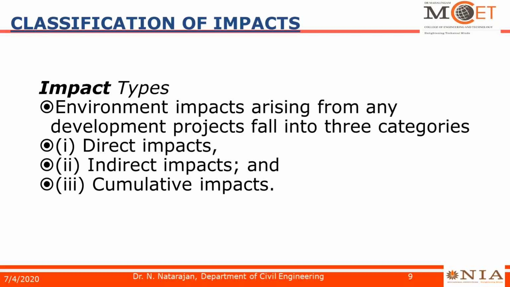Some of them were handicapped, some were deaf, some were blind, and some had cancer-causing problems in their body. This impact does not happen immediately, and it is not even secondary; the impact goes on building up in such a way that the future generation also gets affected. So this is an example of cumulative impact.